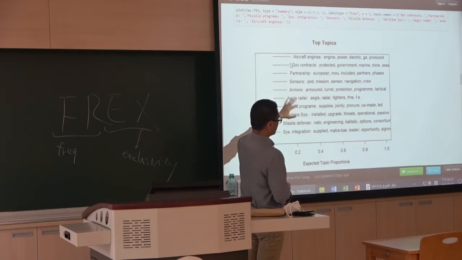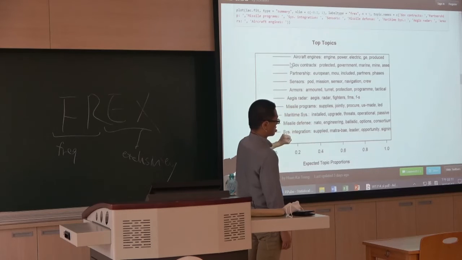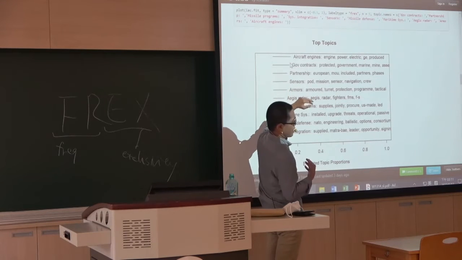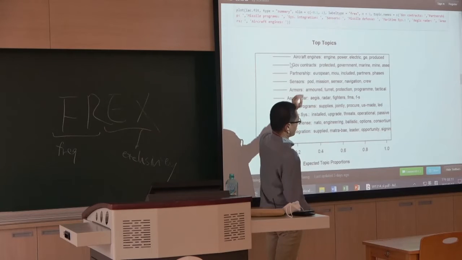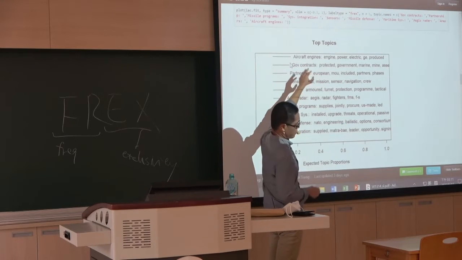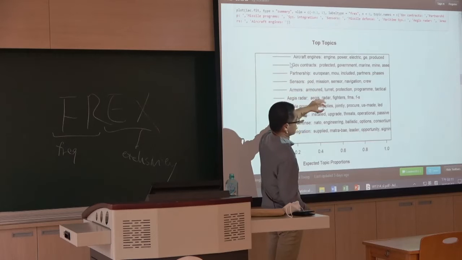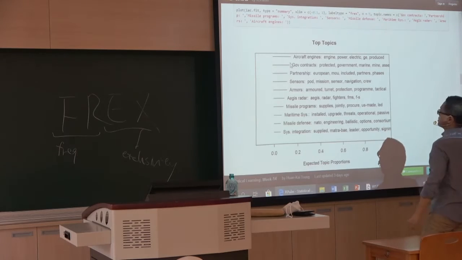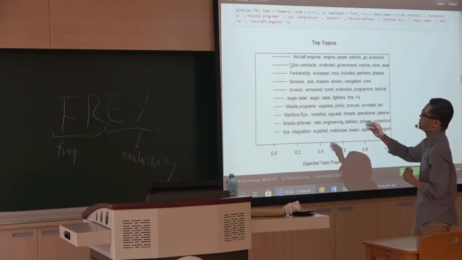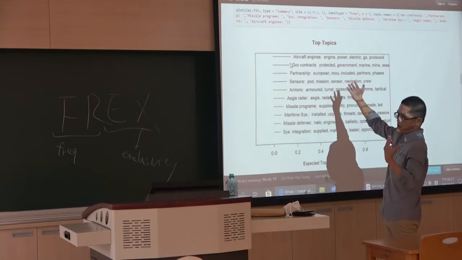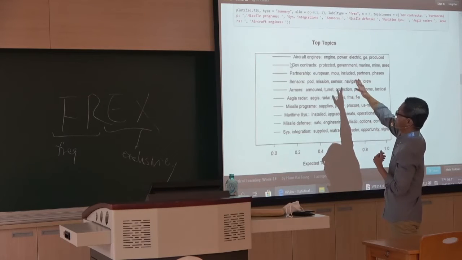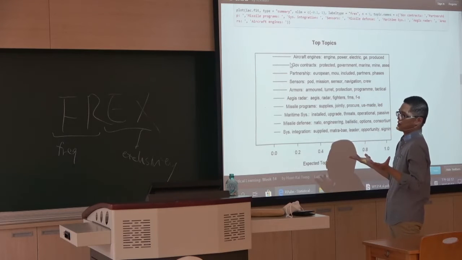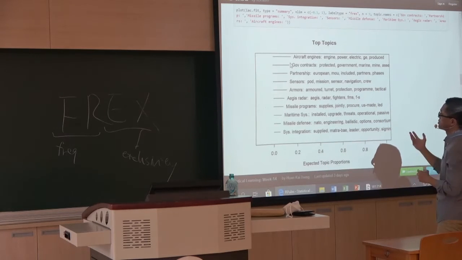So I would say about my collection of documents, this type of topic, which I named, right, that is not assigned or assumed by the STM function, is actually named by me, because based on the distribution of words I infer it to be something related to aircraft engine, right? You see engine, power, electric, GE, General Electric, right? It's the power plant manufacturer.